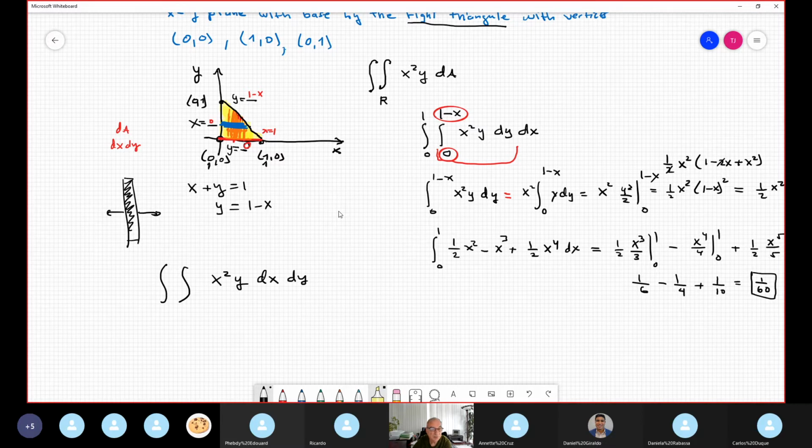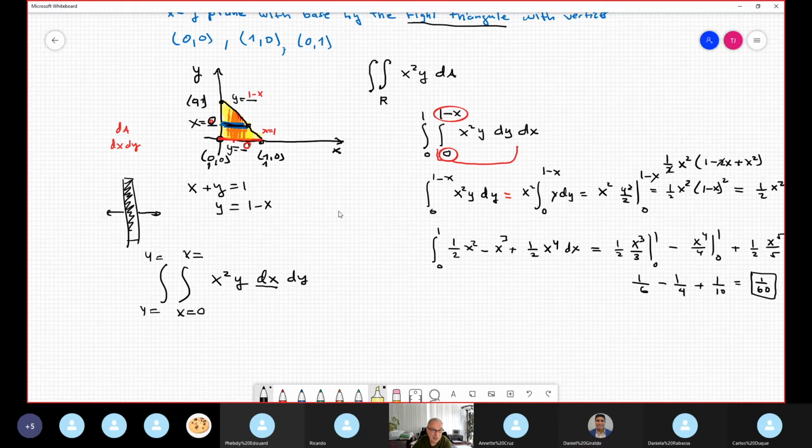Okay, now I go. See, integrating in this order, the x comes first. The x value is x equals something, and the second, y equals something. So x equals 0 is obvious.